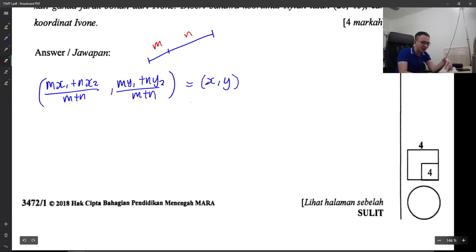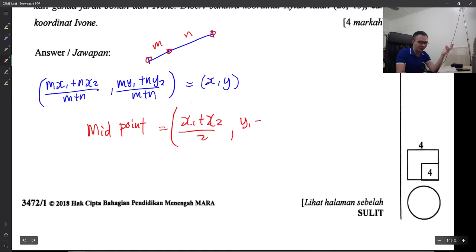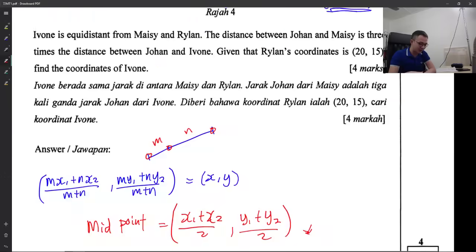And the second formula I used just now is the midpoint formula. The midpoint formula is just x1 plus x2 over 2, comma, y1 plus y2 over 2. So basically just these two formulas, so make sure you know about this.